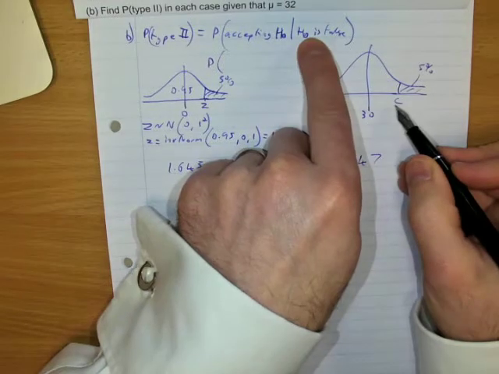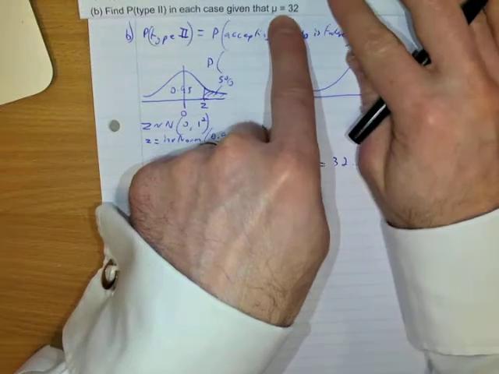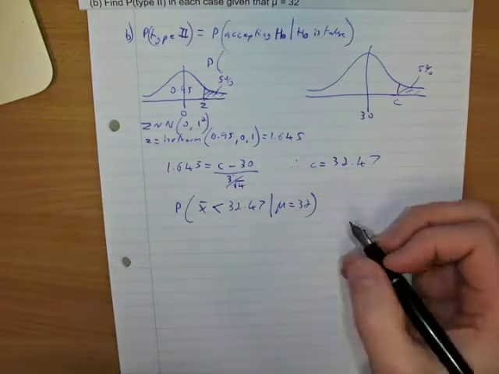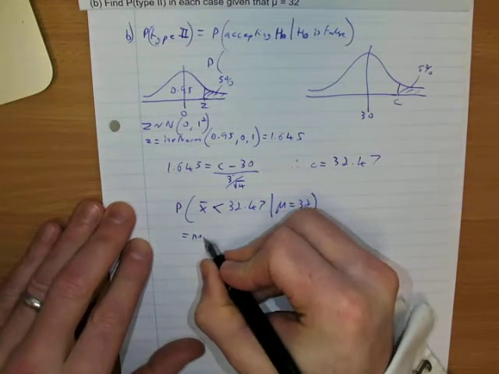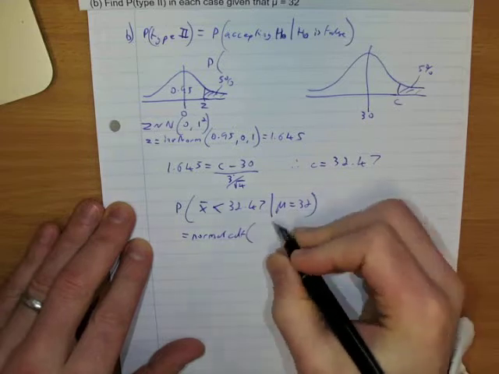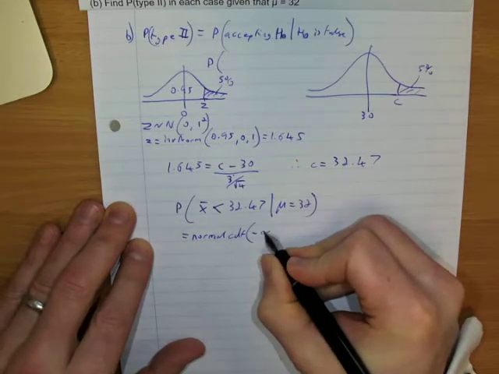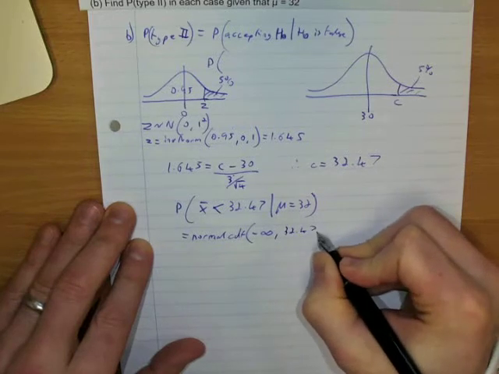So we're accepting H0 on this curve if we get a value of 32.47 or less. But if H0 is false, then this must be true, that mu is 32. So what's the probability of this happening? Well, that's a normal CDF. We put in a large negative value, negative infinity, and 32.47 is our biggest value.